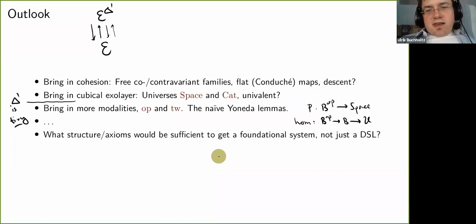Could we look at the diagrams somehow as simplicial diagrams in the universe of spaces, so infinity groupoids, or the internal version?